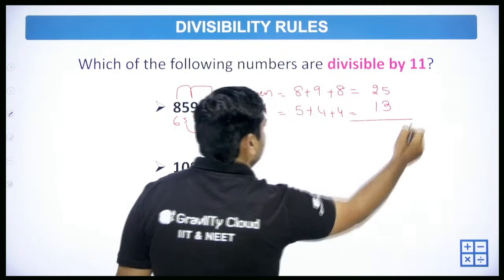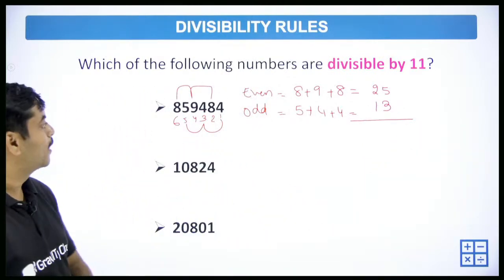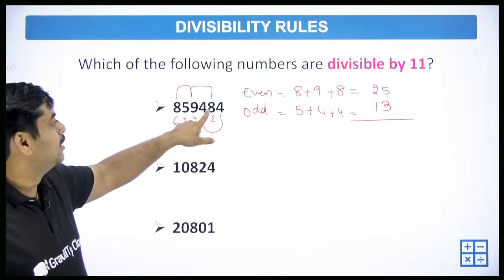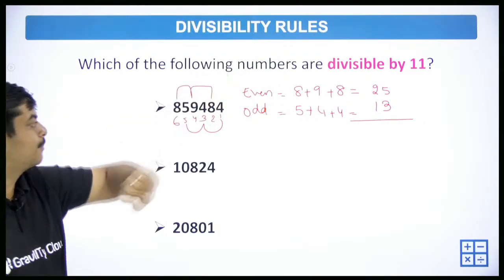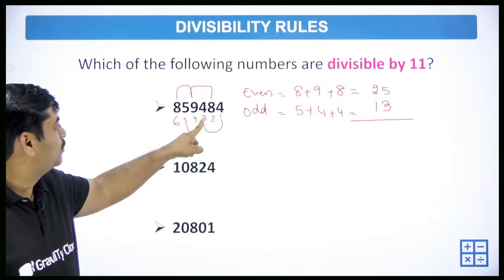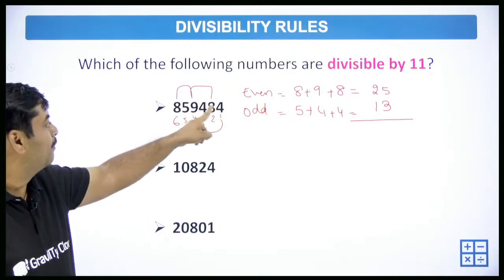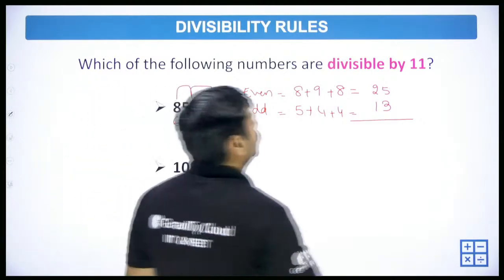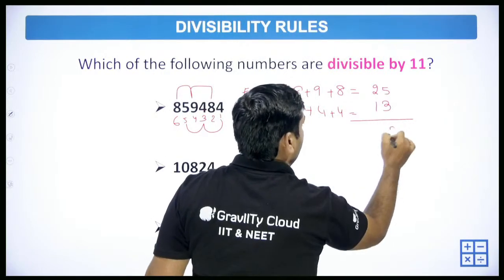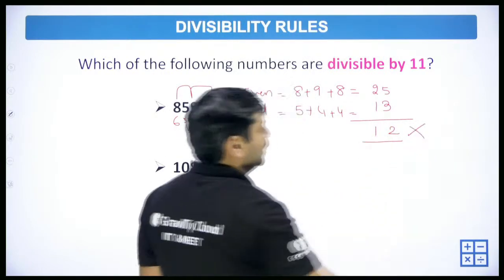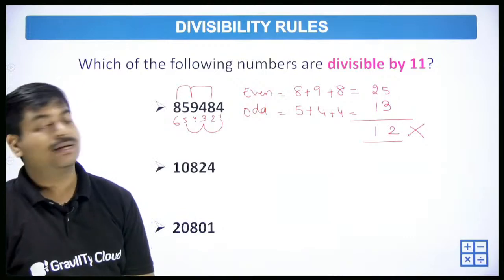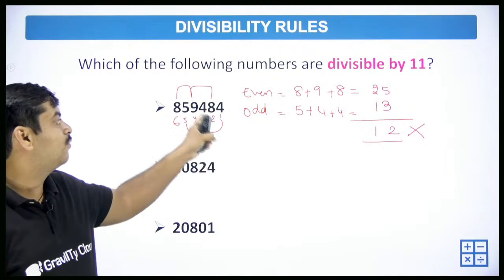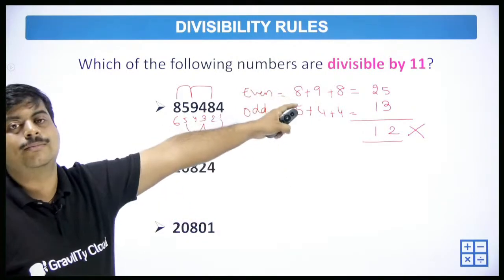Once again, 8 plus 9, 17. 17 plus 8, 25, correct? 5 plus 4, 9. 9 plus 4 is 13. The difference, don't add these two. Difference of these two is 12. No, it is not divisible by 11. So we can say that 859484 is also not divisible by 11.